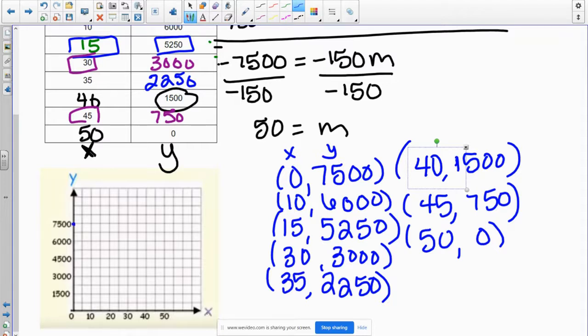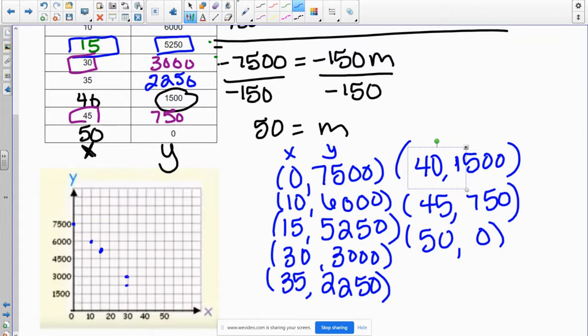Remember, X is this way, so you do that one first, and then Y is your vertical axis. So 10 on your X, 6,000 on your Y. X is 15 minutes. 5,250. Then we're going to go to 30, which was up to 3,000.